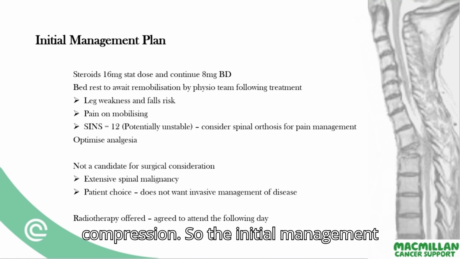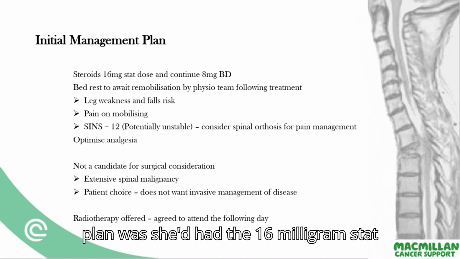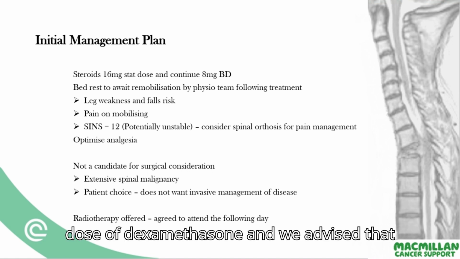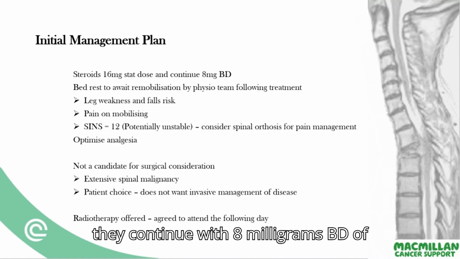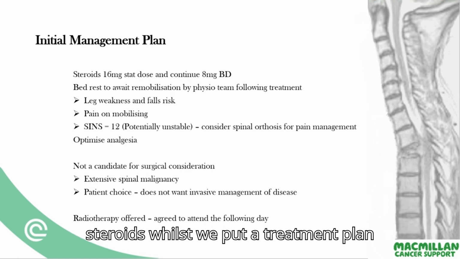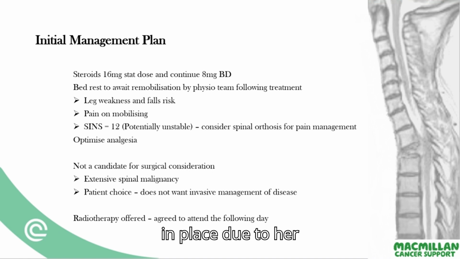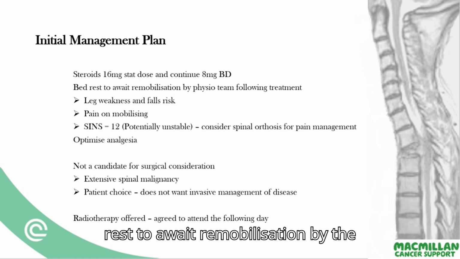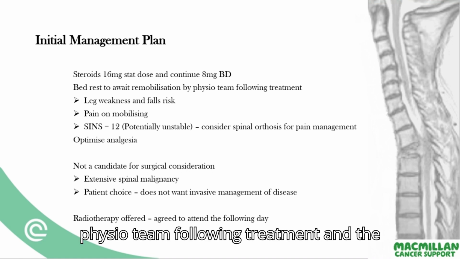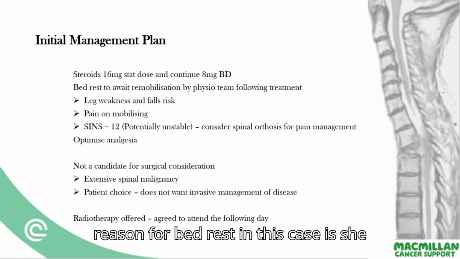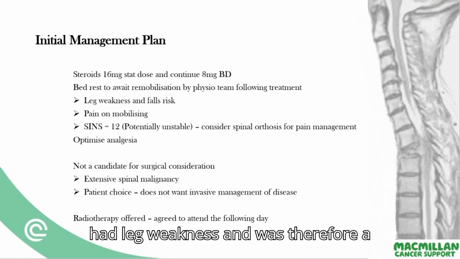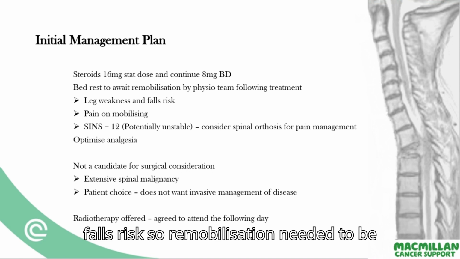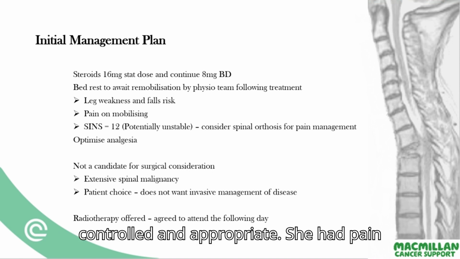So the initial management plan was she'd had the 16 milligram stat dose of dexamethasone, and we're advised that they continue with 8 milligrams BD of steroids whilst we put a treatment plan in place due to her lower limb neurology. She was on bed rest to await remobilisation by the physio team following treatment, and the reason for bed rest in this case is she had leg weakness and was therefore a falls risk, so remobilisation needed to be controlled and appropriate.